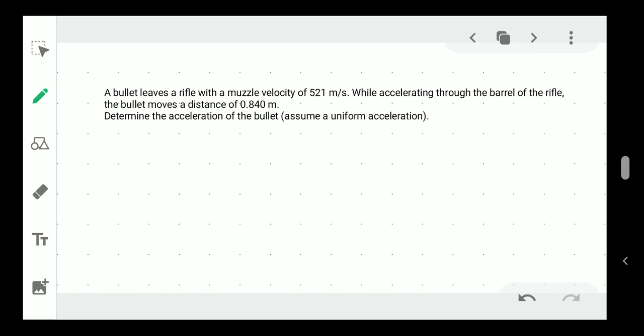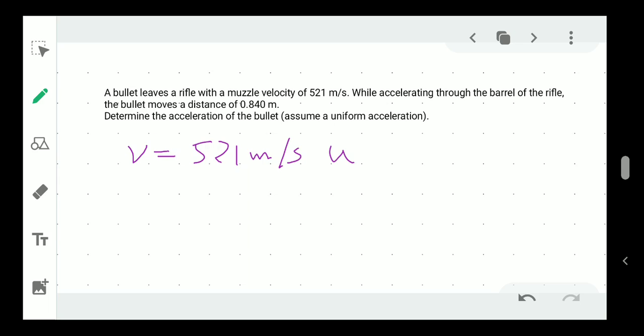Let us do another one. A bullet leaves a rifle with a muzzle velocity of this much. While accelerating through the barrel of the rifle, the bullet moves a distance this much. Determine the acceleration of the bullet. So the bullet leaves, that means the final velocity is this.